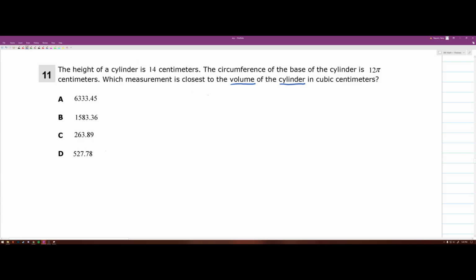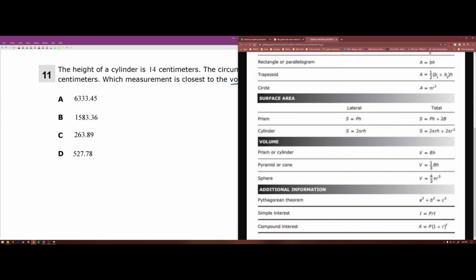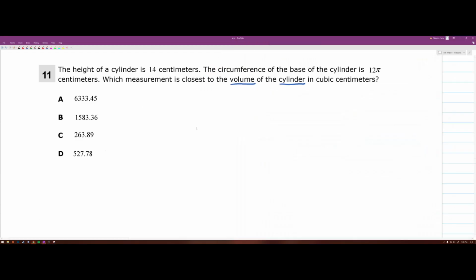And if I look at the formula for the volume of a cylinder, if I bring up my star chart, volume of a cylinder is V equals BH. So V equals capital B H. And if you remember, big B stands for the area of the base. Well, if I drew a cylinder here, here's my cylinder.